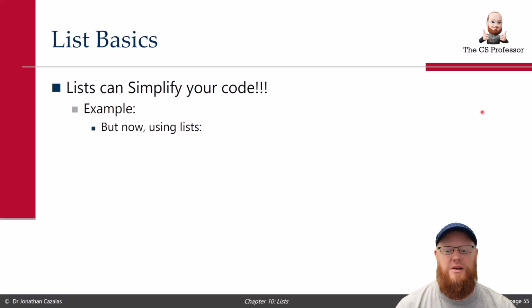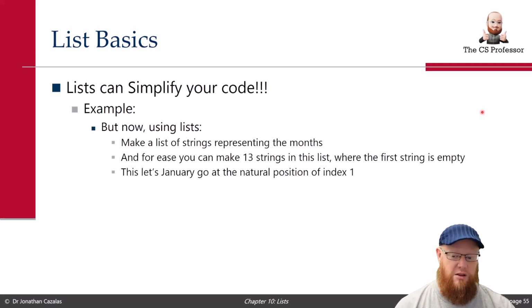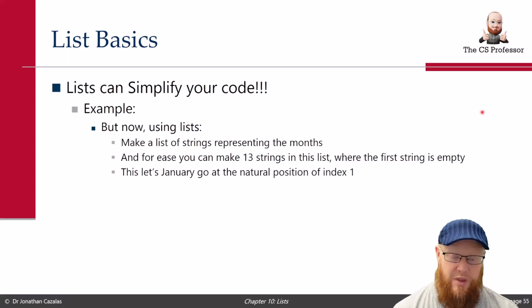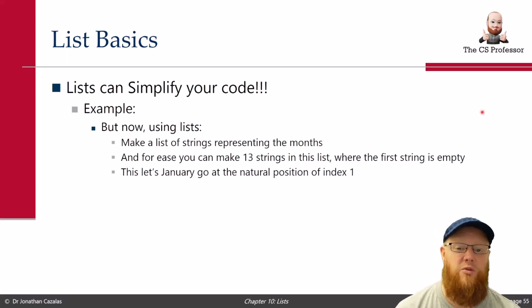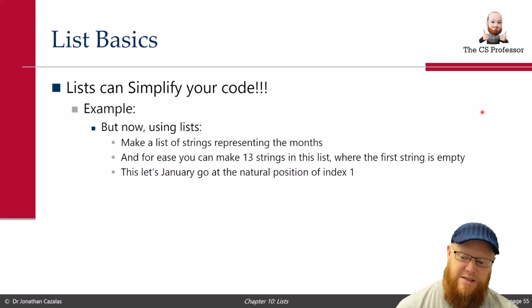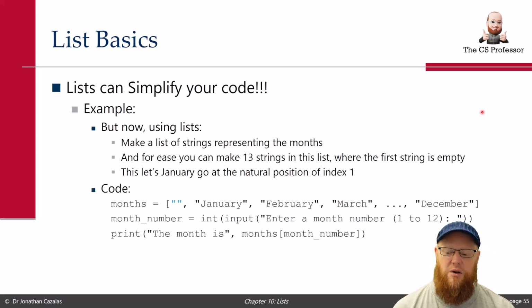Look how using lists can now simplify your code and your life. If we make a list of strings of size 13, index 0 will be empty, but index 1 will be January, index 2 February, index 11 November, index 12 December, and now check out the code.